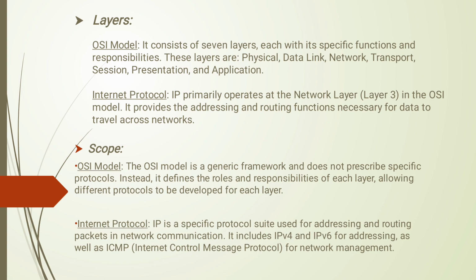The Internet Protocol is a specific protocol suite used for addressing and routing packets in network communication, and it includes IP version 4 and IP version 6 for addressing, as well as ICMP, the Internet Control Message Protocol, for network management.